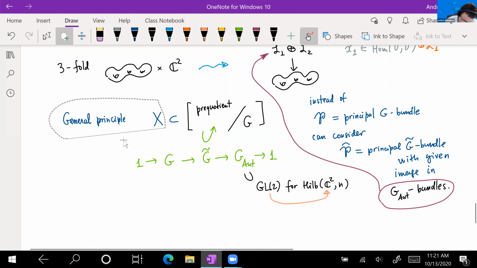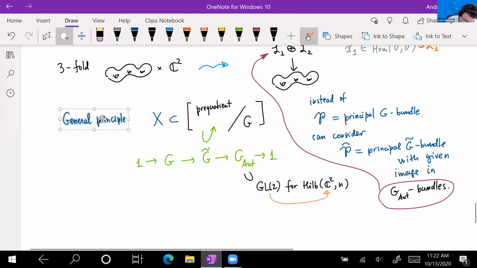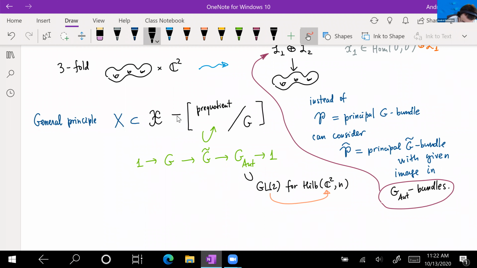So let me prepare for that a little bit. Remember, we had some notation for that quotient stack X. Now we finally want to get to counts of curves.